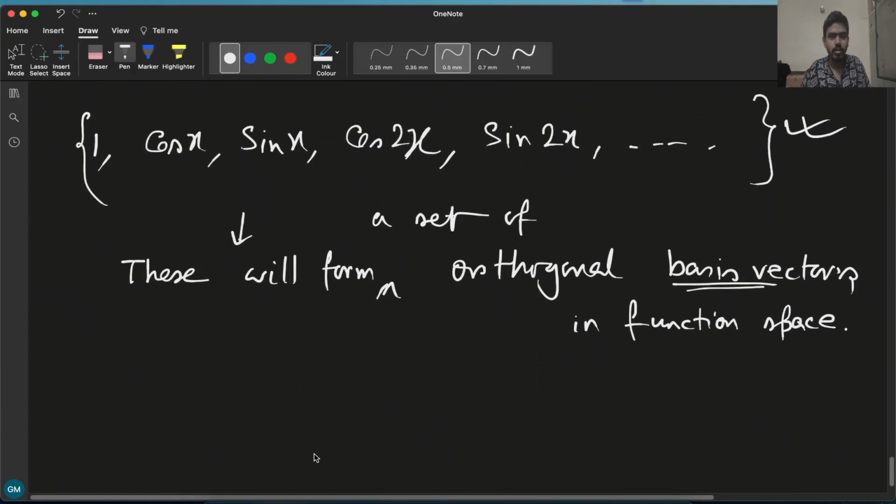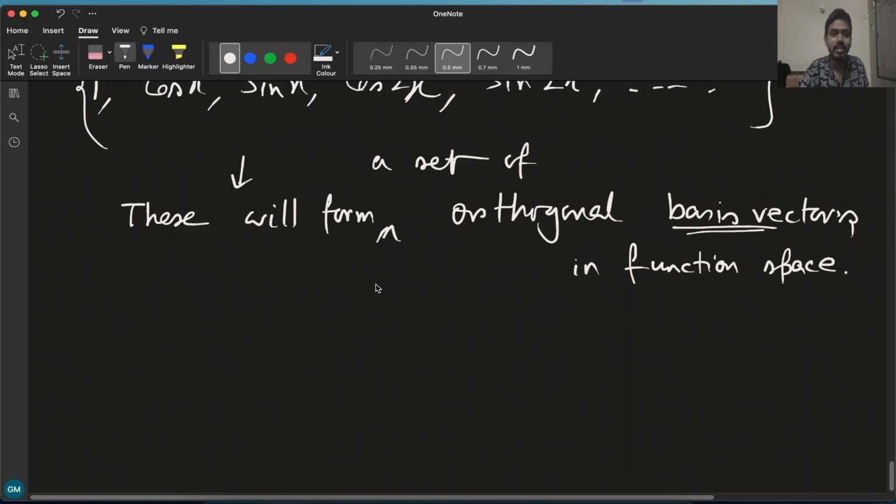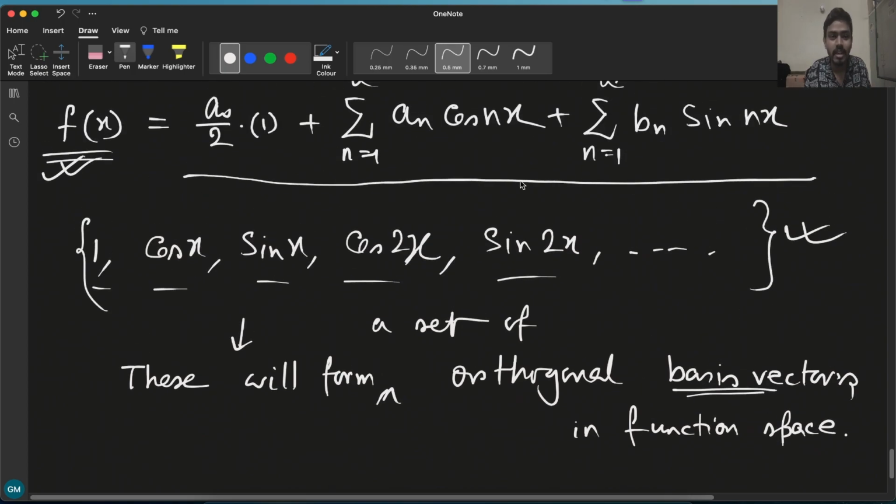Similarly, we will show that these Legendre polynomials are also orthogonal to each other. That means, just like 1, cos x, sin x, cos 2x, sin 2x, they will also form a basis. Then, just like in Fourier series, we can write any function as a linear combination of these Legendre polynomials.